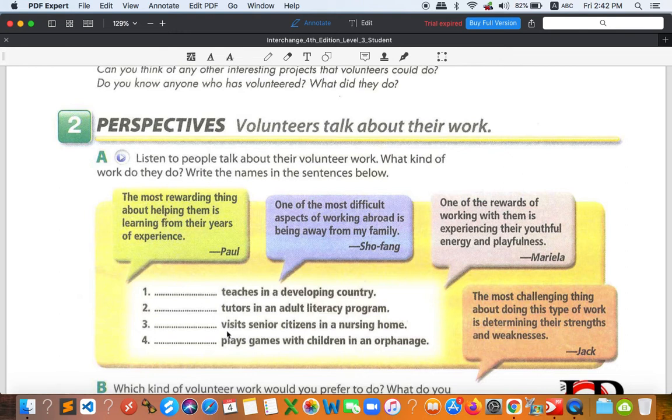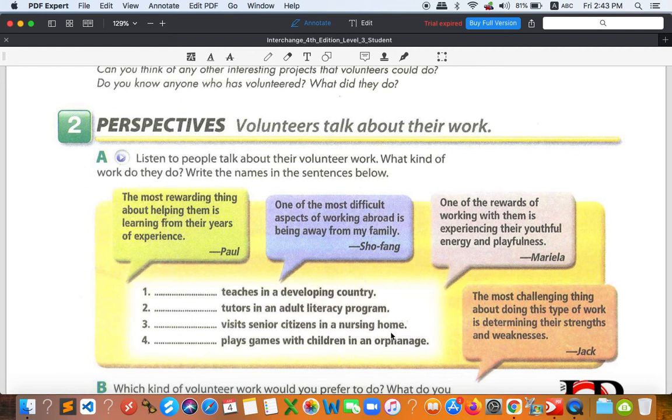Number 3, visit senior citizens in a nursing home. Nursing home is a type of home for people who need long-term medical care, people who are sick at home and need somebody to take care of them. So this is about the person who does that.